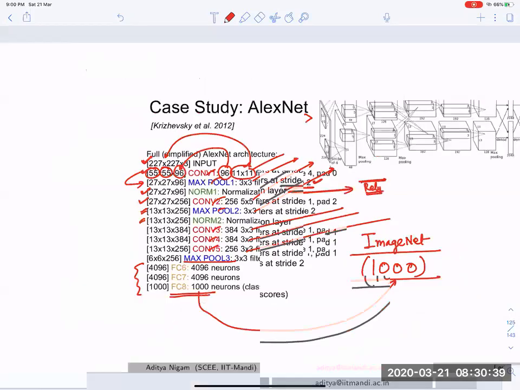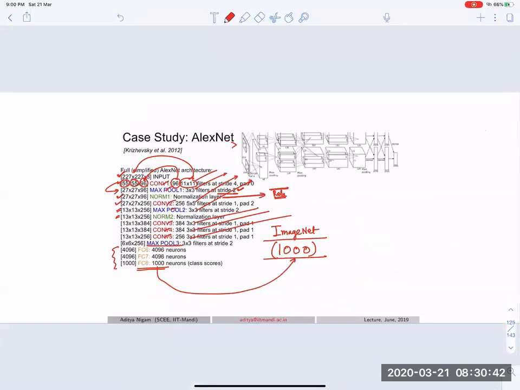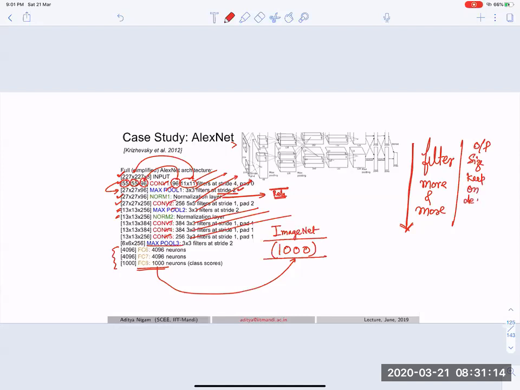So that was their work in 2012, and one important thing they said is that as you go down in your network, as your layers increase from here to here, the filters increase. You apply more and more filters, and the output size keeps on decreasing because you are doing filtering and max pooling.